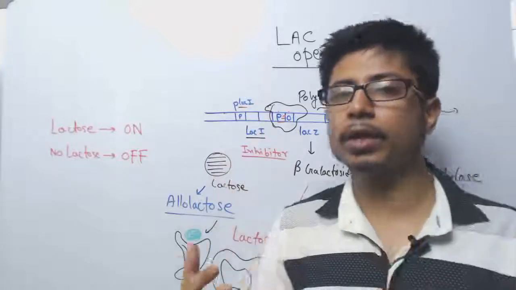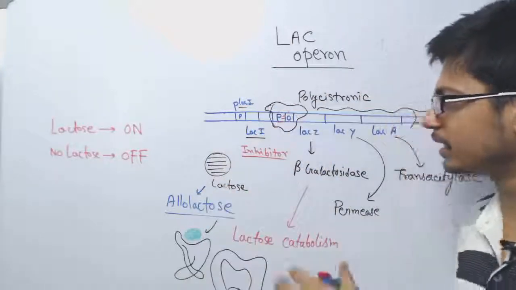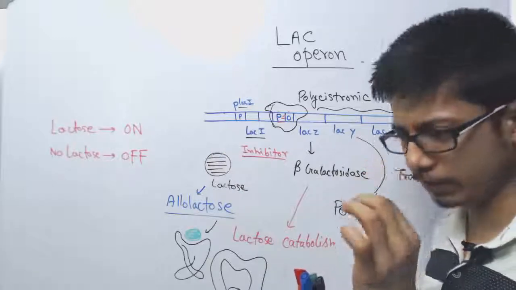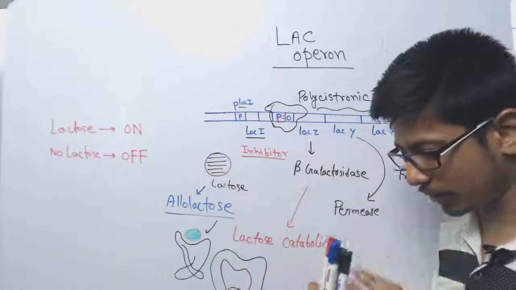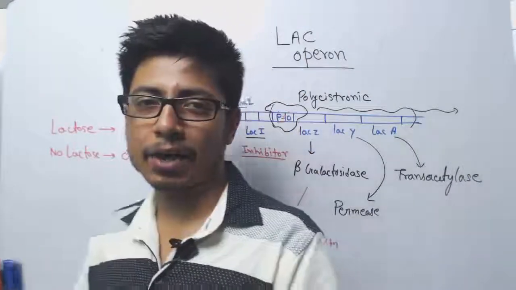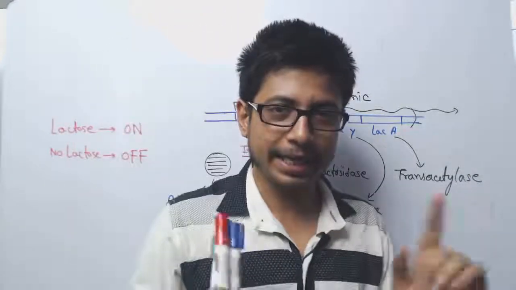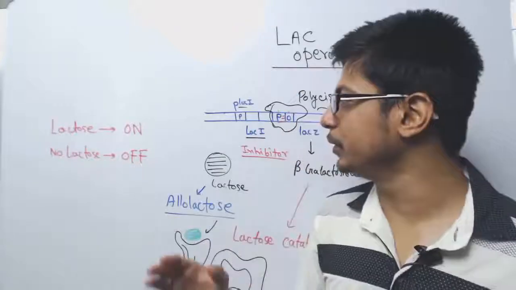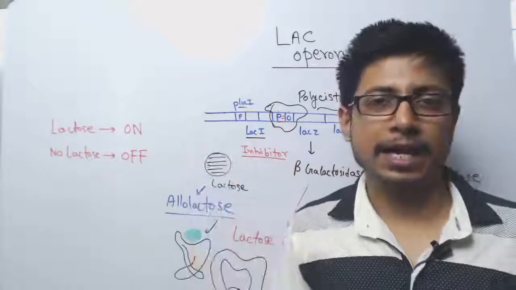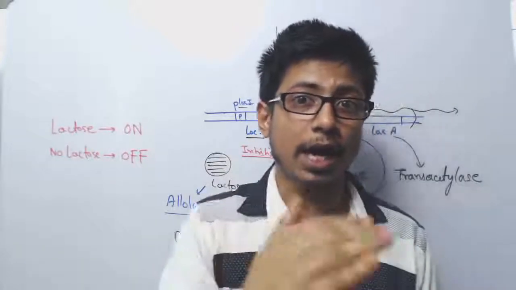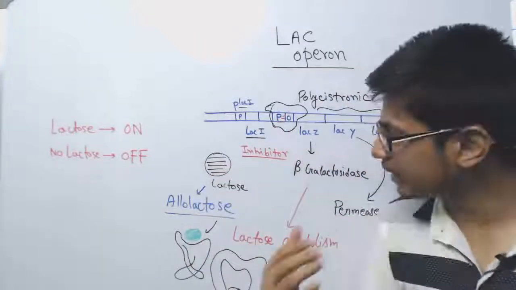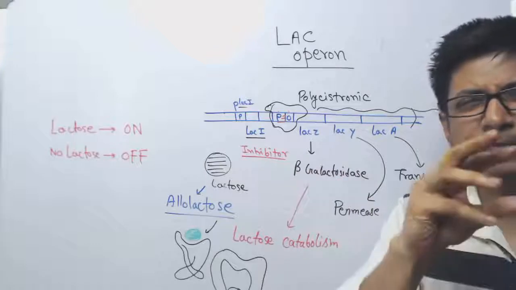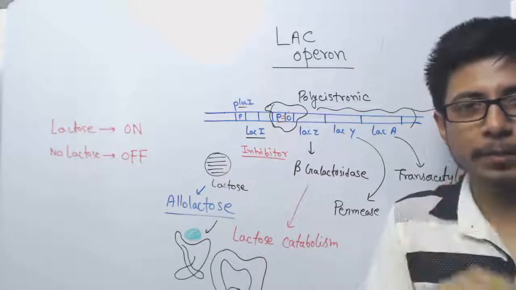And you know, the inhibitor molecules are synthesized constitutively on a very low scale throughout the time. So this is how the LAC operon is turned on and turned off. In the next video, I am going to tell you the regulation of this LAC operon by the presence of other sugar molecules like glucose, because glucose regulates this whole process in a fine-tuning way, and we will talk about that later.